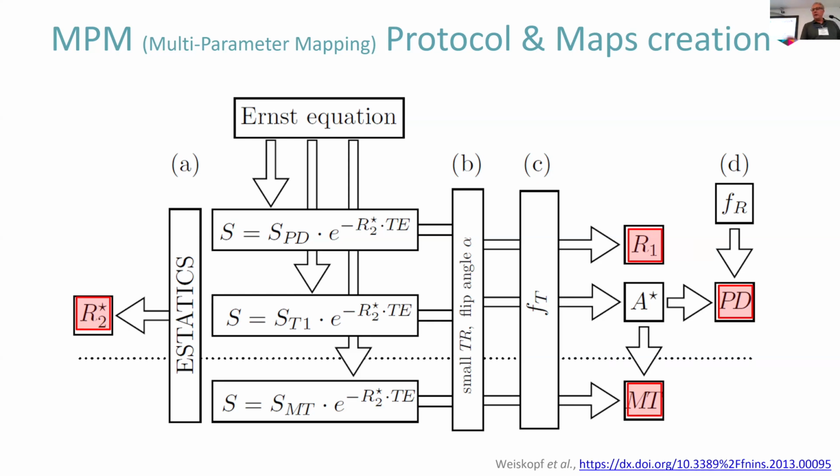The key thing I want to highlight, from the engineer's or software perspective, is that these rely on some specific parameters. Each image has to be acquired with a different TE, so echo time, or some specific flip angles for the field maps.